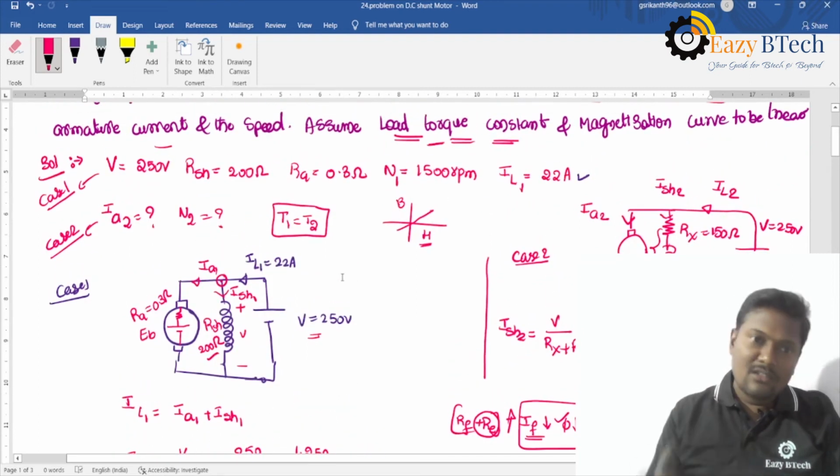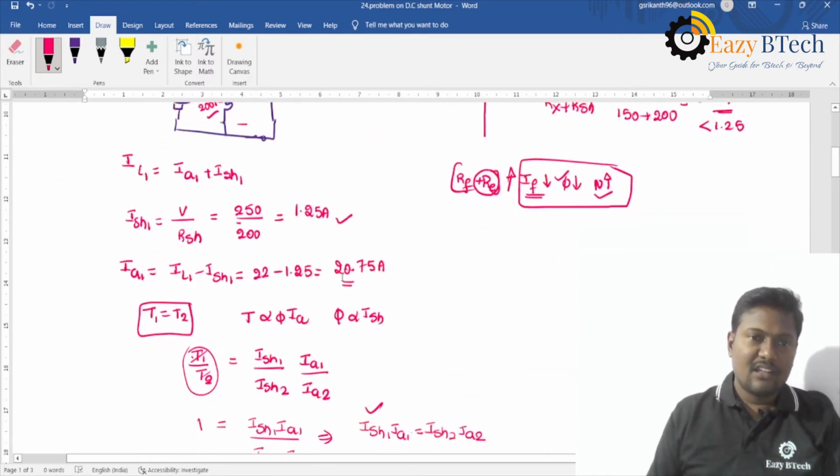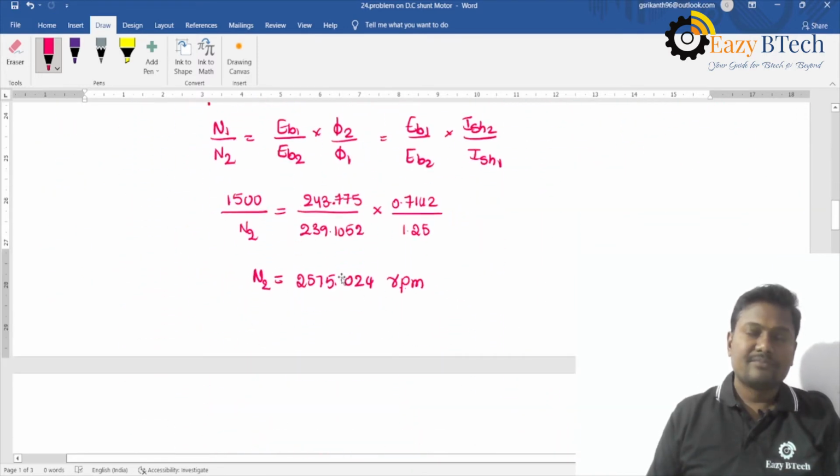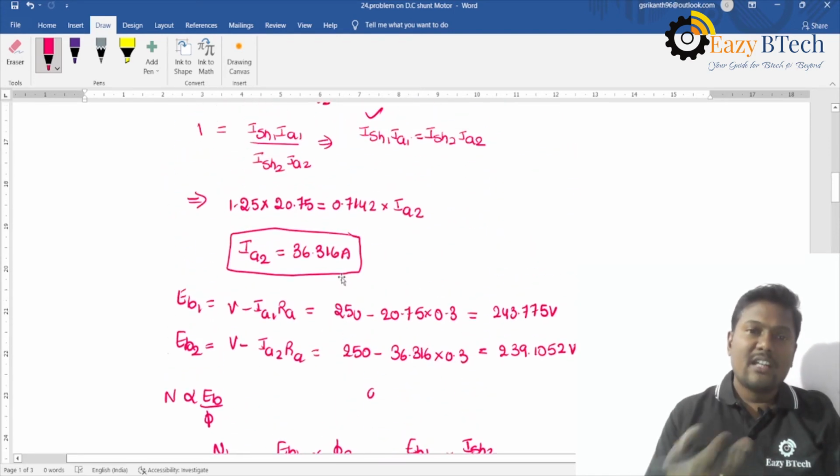In overall conclusion, you can remember the formulas. EB is directly proportional to N phi, where N is directly proportional to EB divided by phi. And one by one you can calculate. You can go in a reverse manner also.